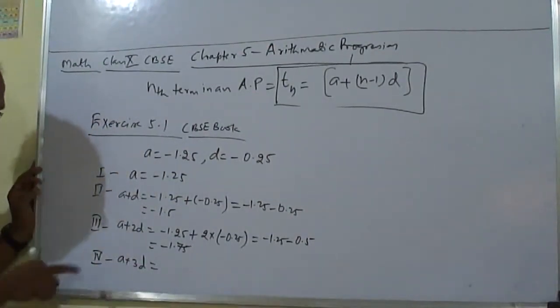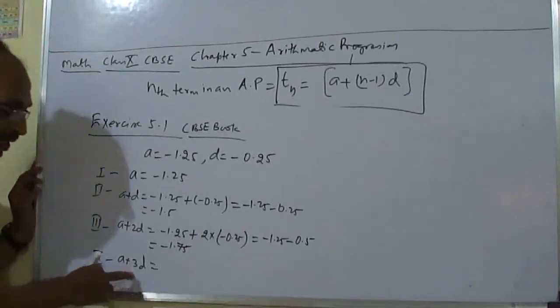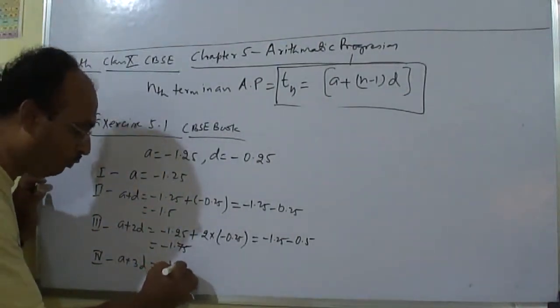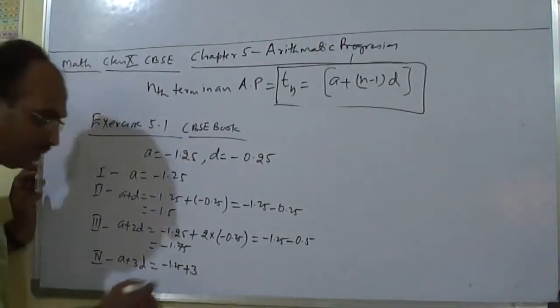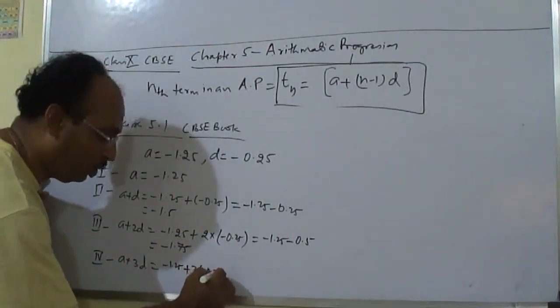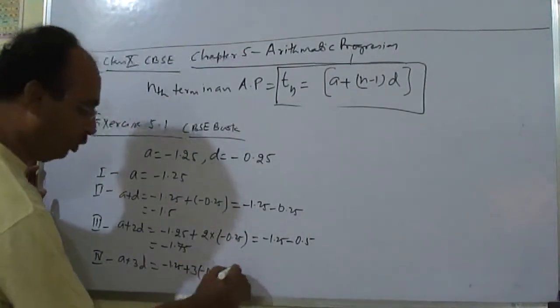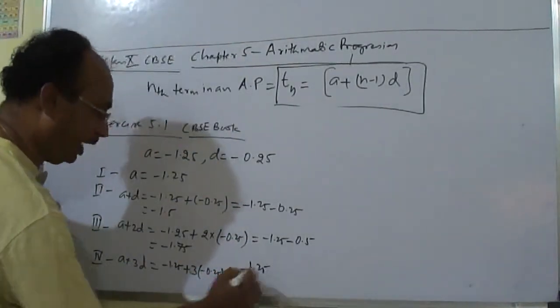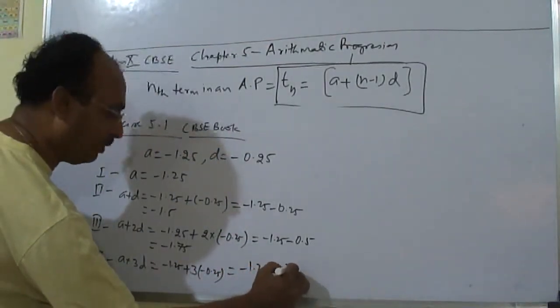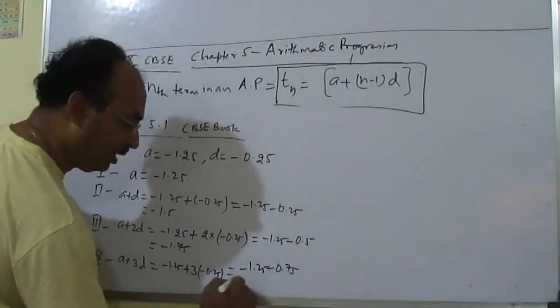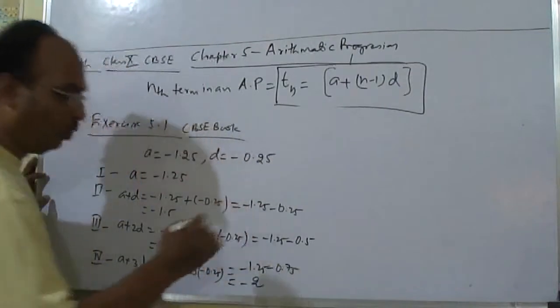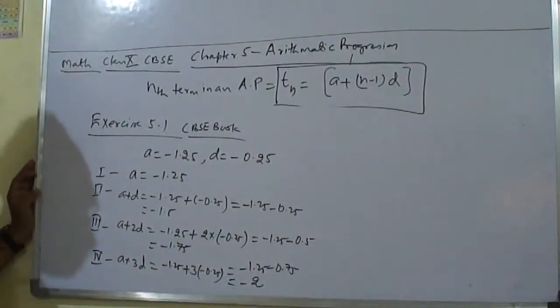So minus 1.25 plus 3 into minus 0.25, giving you minus 1.25 plus minus 0.75. Then it is giving you minus 2.